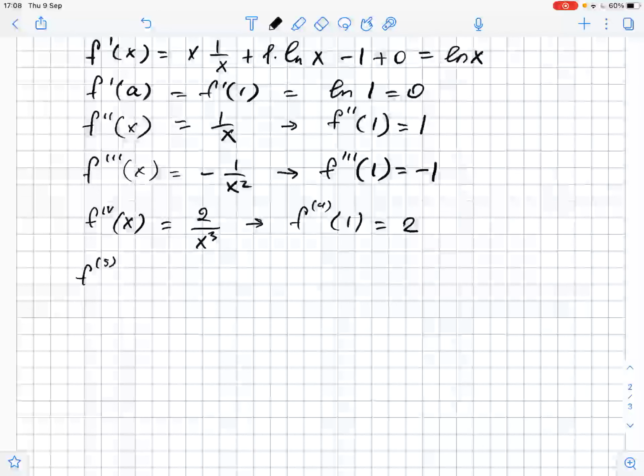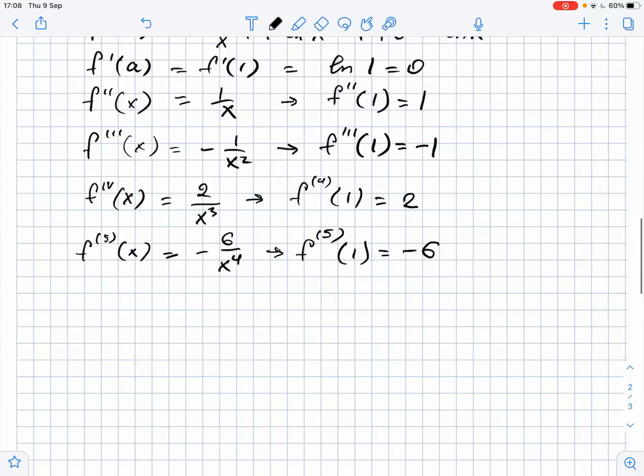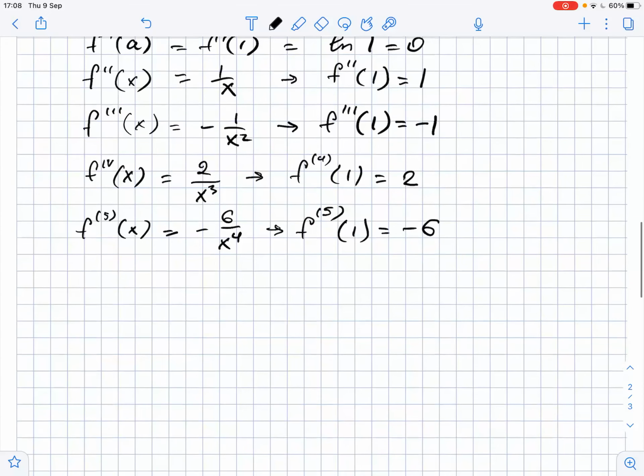The fifth order derivative of f of x equals negative 6 over x to the fourth power. Then the fifth order derivative of f of 1 equals negative 6. Well, now let's substitute these values into our general formula of Taylor series.